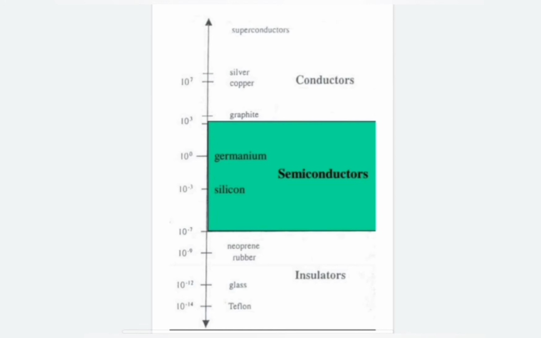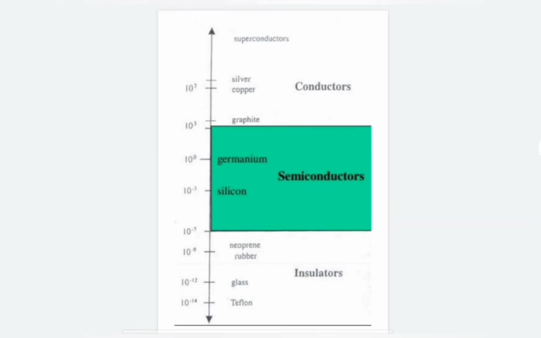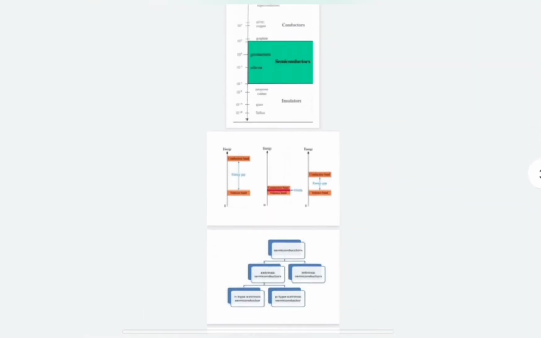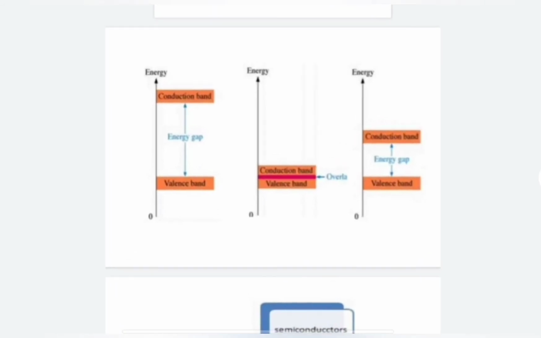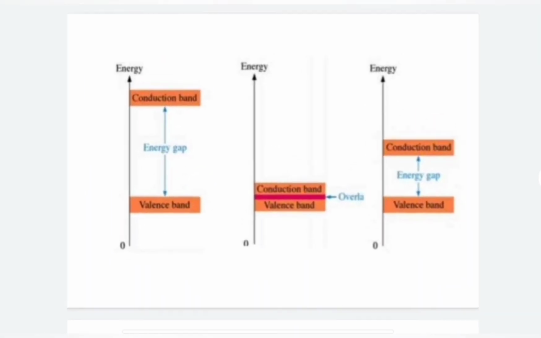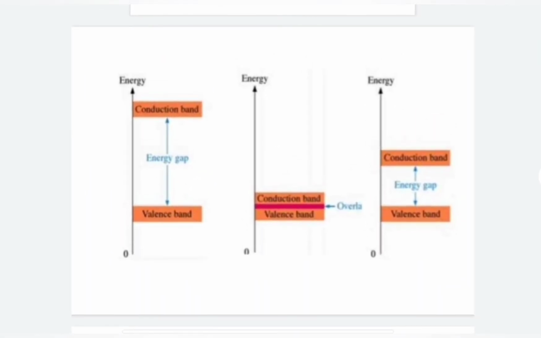Now we will see the classification of materials based on energy bands. Based on energy bands, materials are again classified into conductors, semiconductors and insulators.